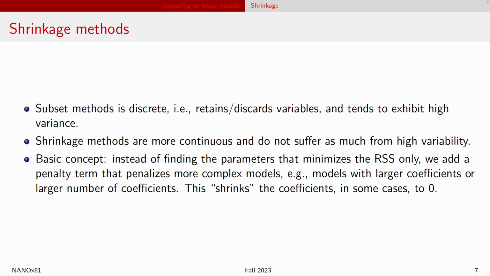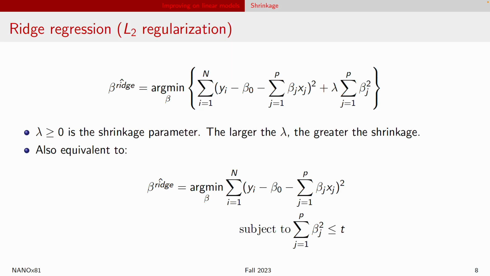So as you increase the penalty, the model becomes simpler and simpler until maybe a feature drops out completely, or the importance of one feature decreases.